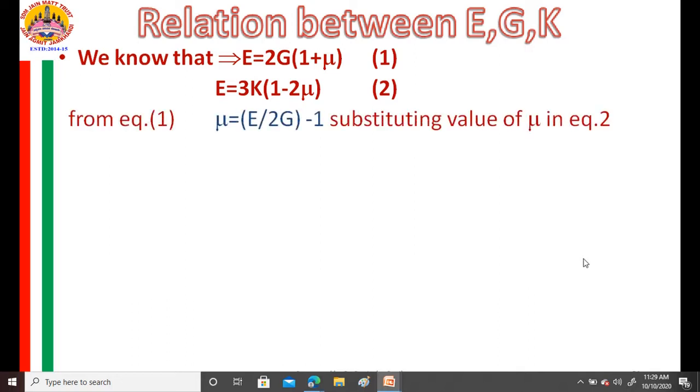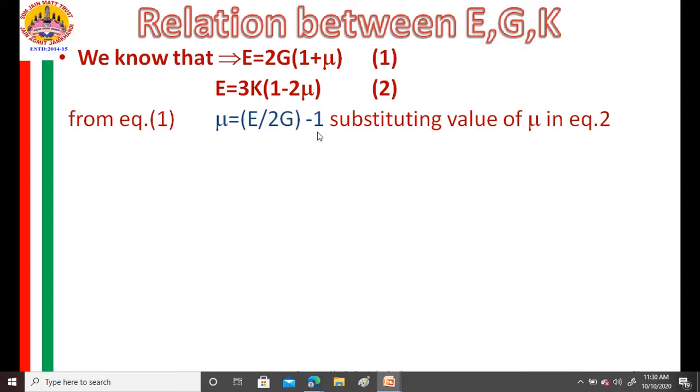Just see, from equation 1 you take this E, take 2G on this side, you will get E by 2G. Then bring that 1 also to the other side, you will get E by 2G minus 1. Therefore, we got the value of mu in terms of E and G. Next, substitute the value of this mu in the second equation.